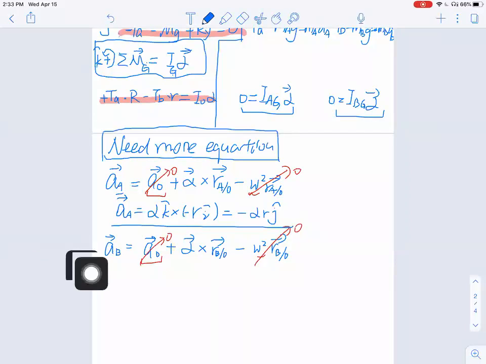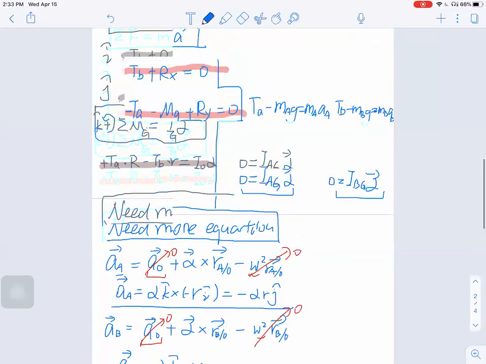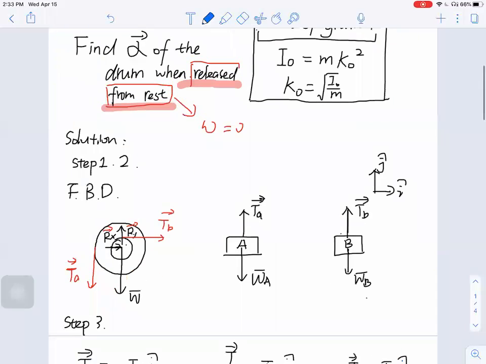And from the second equation here, you can find A_B. Because alpha K cross product r_B/O is going to start from O pointing to B. Oops, I think I made a mistake here. Let's go back and check. From O to A, that's big R. From O to B, that's small r.